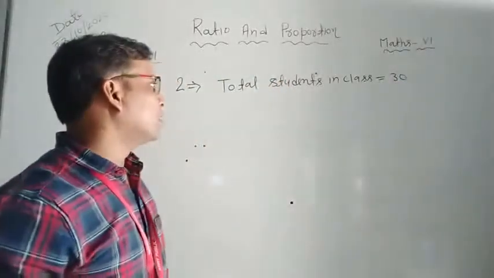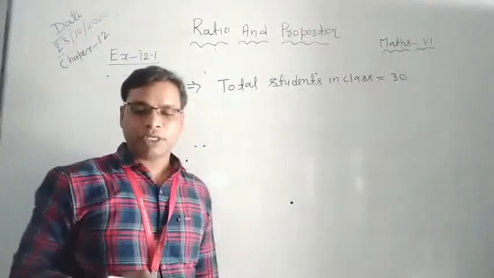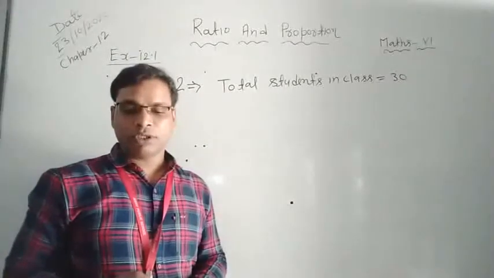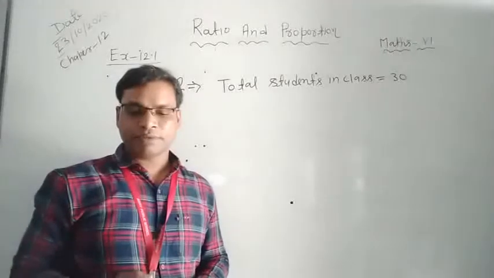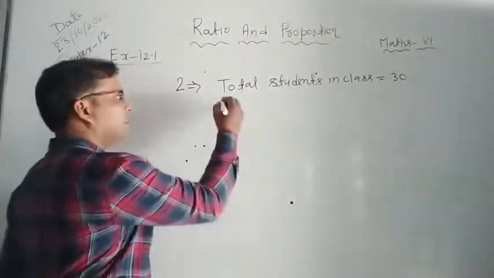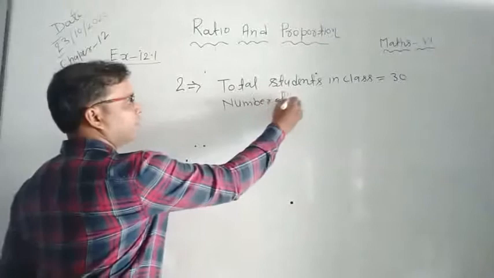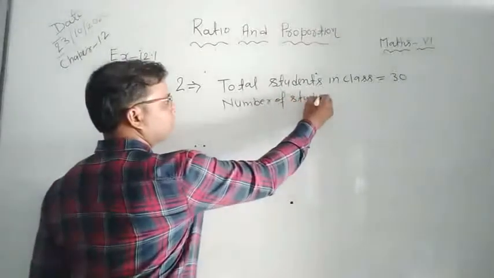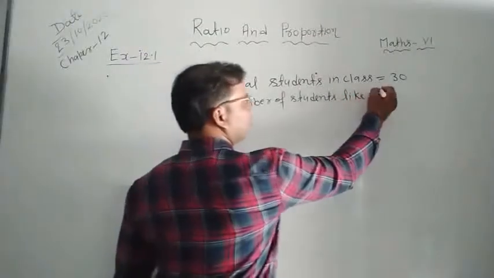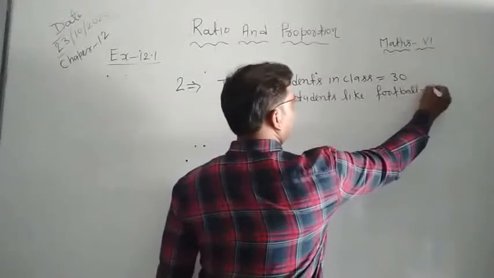Next, it is given that the number of students who like cricket and the number of students who like football. How many students like football? It is given that 6 like football. Number of students who like football is equal to 6.